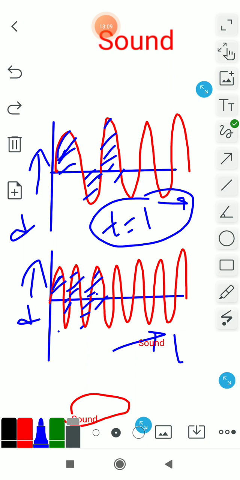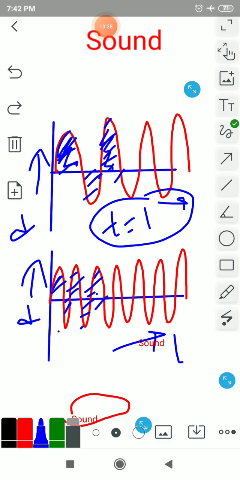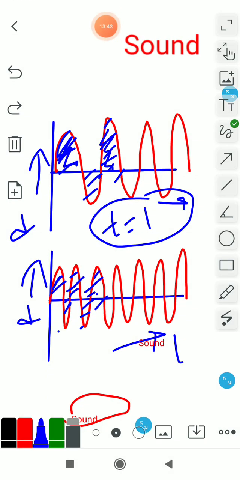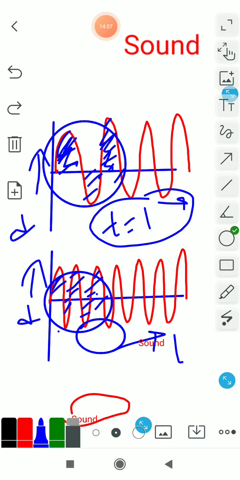That means the number of vibrations within 1 second in the first graph is less than the number of vibrations in 1 second in the second graph. So here the frequency is more.